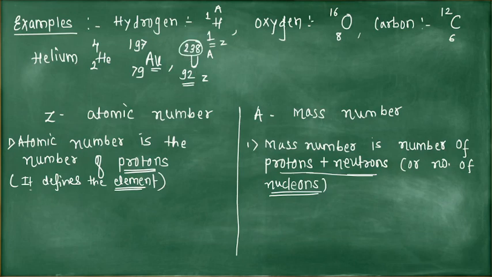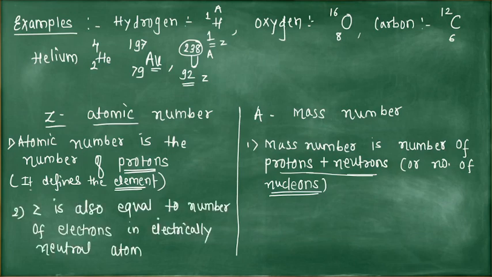We can find the number of protons, 92, because Z is the number of protons, and the remaining part of 238 must be neutrons because protons plus neutrons is the mass number. So if you know the number of protons, you can easily find the number of neutrons. So remember, Z is the atomic number which shows the number of protons in the element. And the mass number A is equal to the sum of protons and neutrons. But protons are fixed by Z.